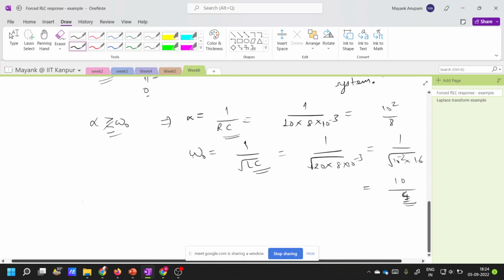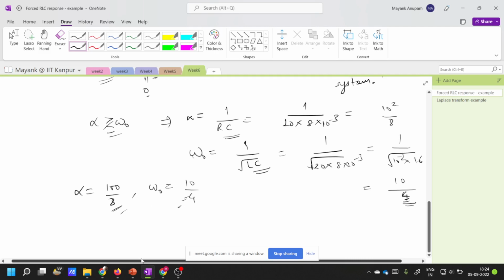Now alpha is equal to 100 by 8 and omega naught is equal to 10 by 4. So clearly alpha is greater than omega naught in this case, right? Yes.